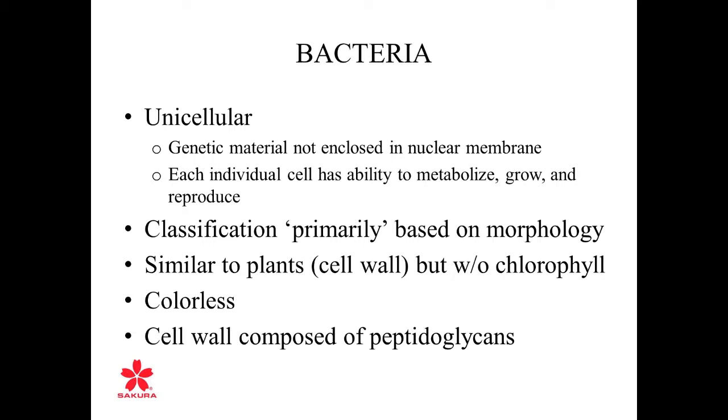The cell wall is composed of a form of polysaccharide called peptidoglycans. We're going to talk about this a little bit later, but the thickness of the cell wall will also have a lot to do with how these bacteria are classified.